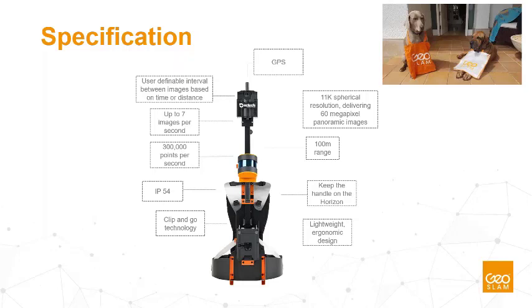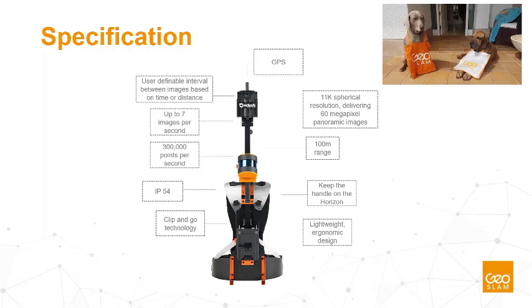On the top of the camera is also a GPS. In that case, we speak about a low level or middle class level GPS, but it allows you to position your point cloud within about 1 to 2 meters on the map.